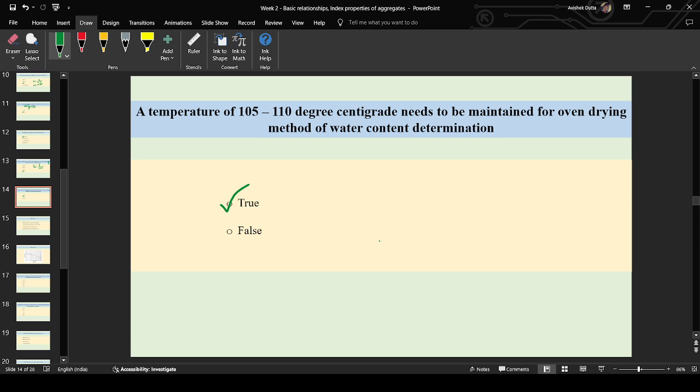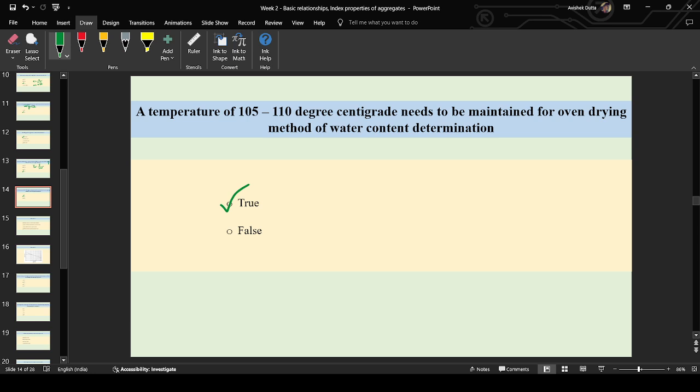If it is more than 110, the crystalline structure might break, and then the chemically bonded structural water inside the compounds might get affected. Okay, so it is better to keep it less than 110 and more than 105. Yes, it affects. If it is more than 110, it affects the crystalline structure of the clay particles. Okay, so that's why this maximum limit has been specified.